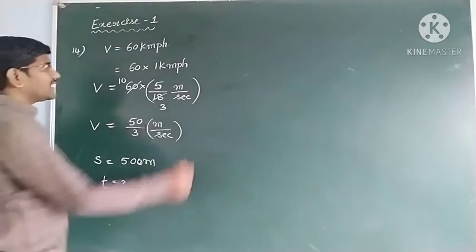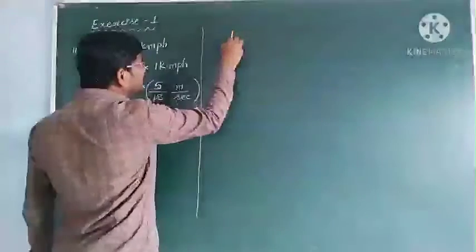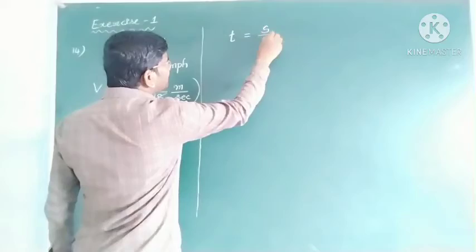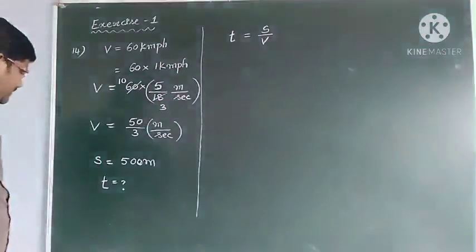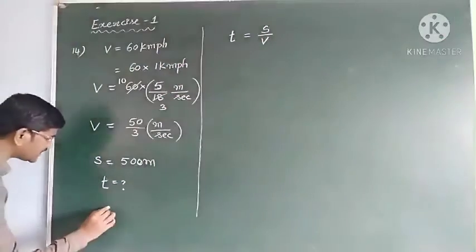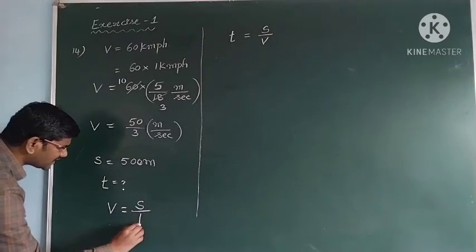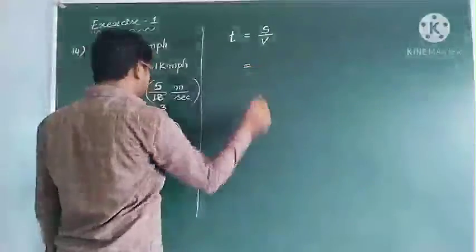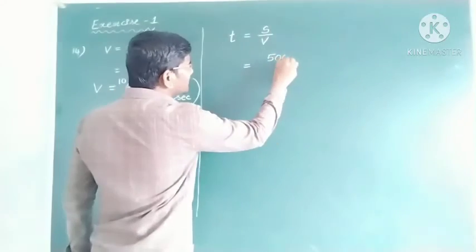Find the time. Then we will write time t is equal to S by V. Time is equal to distance by speed, since V is equal to S by T, we know that speed is equal to distance by time. So then t is equal to S by V. So S value how much? 500 meters.